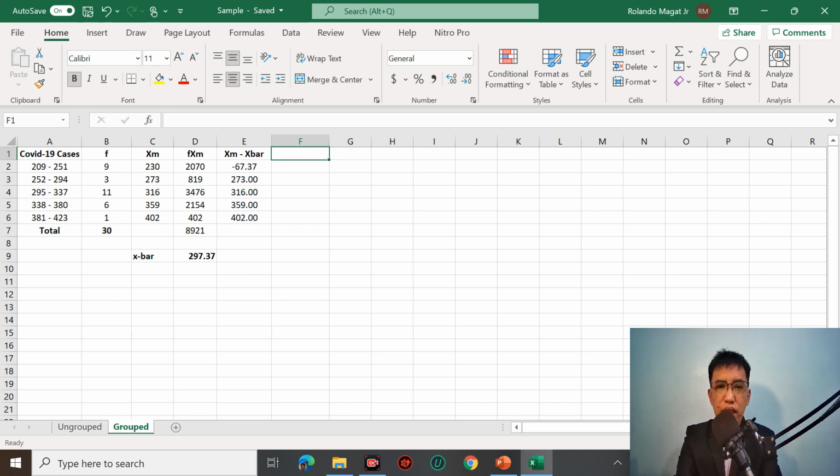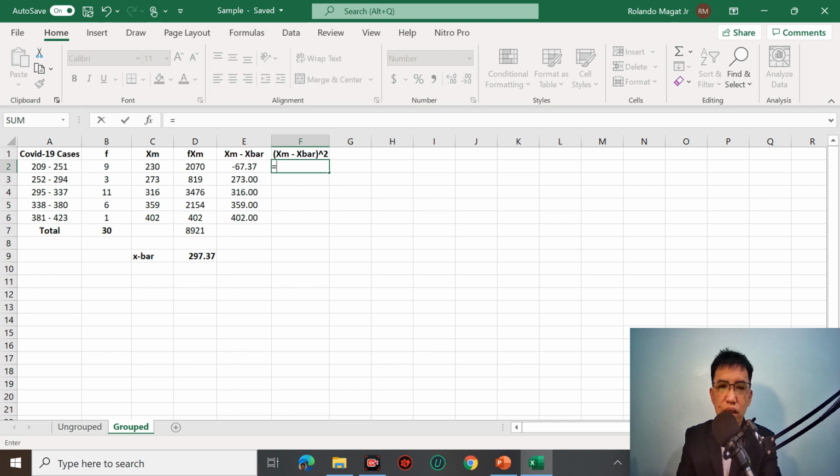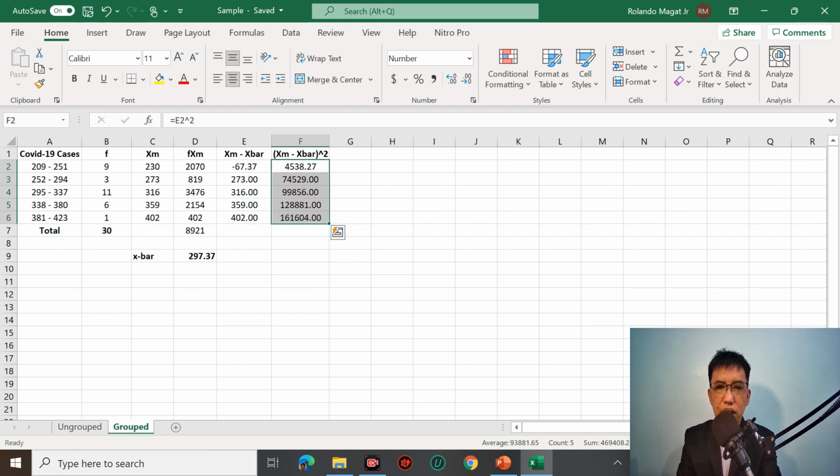So the midpoint minus the mean, quantity squared. Equals the cell raised to the second power, and enter.